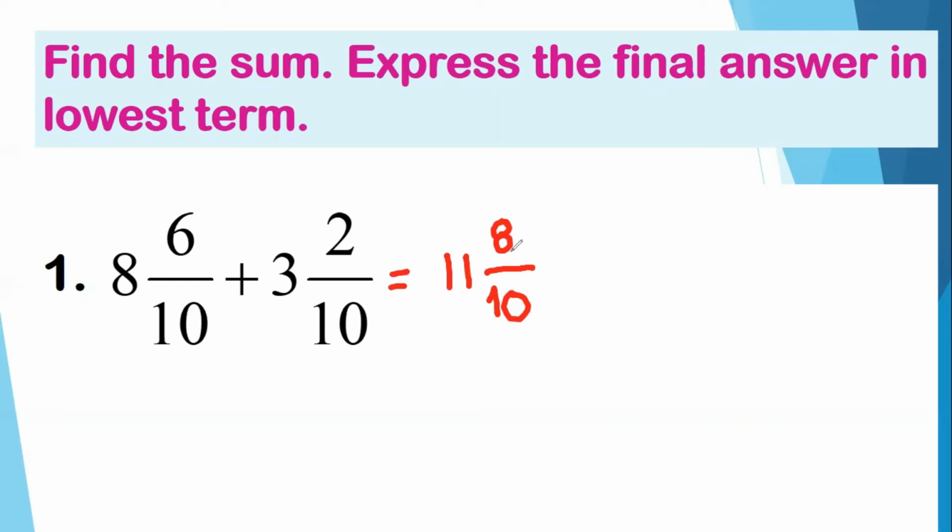And with this one, with 8 tenths, 8 and 10 has a greatest common factor, which is 2. So we divide both numbers by 2. So 8 divided by 2, that gives us 4. 10 divided by 2, that gives us 5.